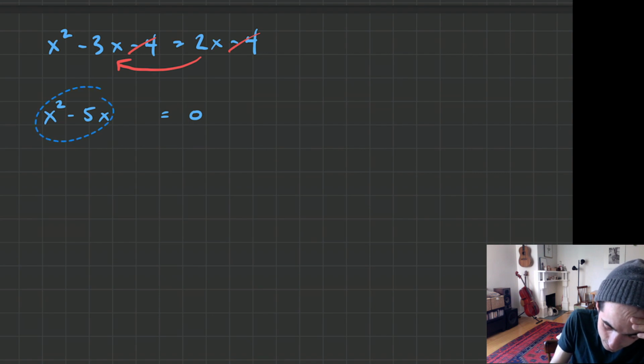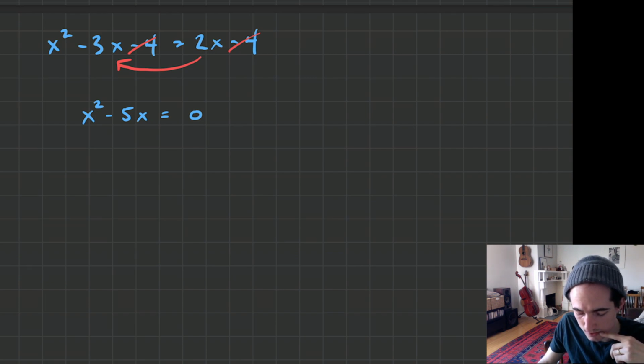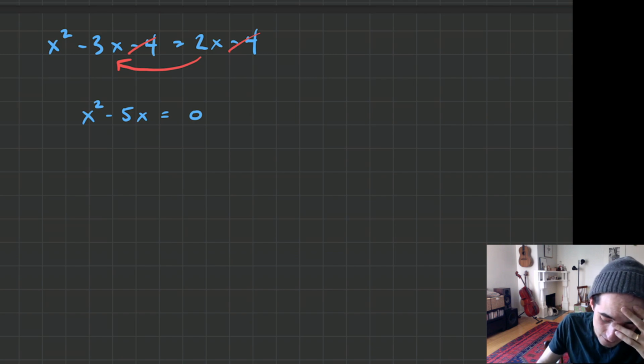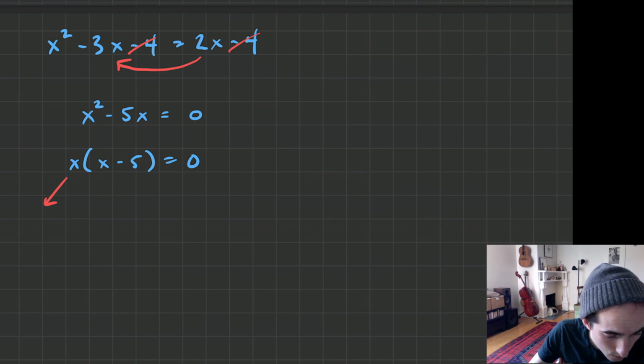Let me just move this over just a wee bit. That's better. Okay, so I've got x squared minus 5x equals 0, and this shouldn't be too hard to solve. I can factor this, so I'll factor out an x, and I've got x times x minus 5 equals 0. So using the factor theorem, either this thing is equal to 0 or this thing is equal to 0.